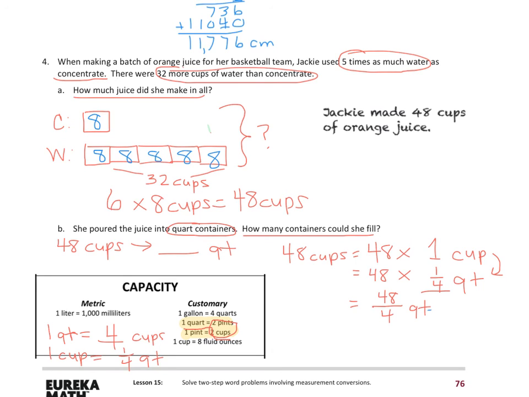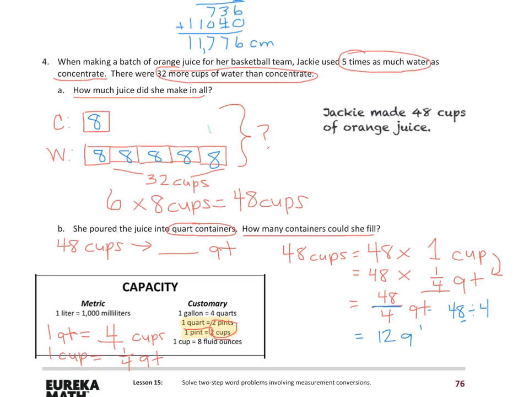So 48 over 4. Remember that fraction bar represents divide. So technically we're doing 48 divided by 4. Think of it, 40 divided by 4 is 10. So 8 divided by 4 is 2. And if you add 10 plus 2, 48 divided by 4 would give you 12.